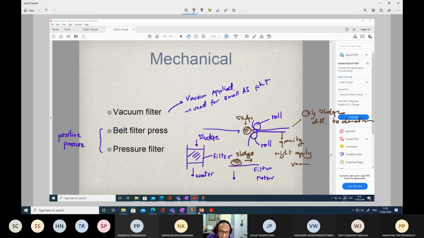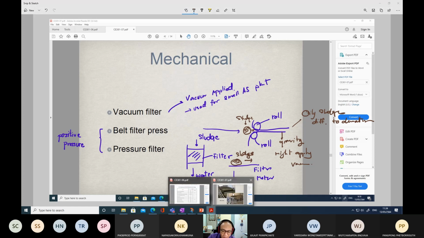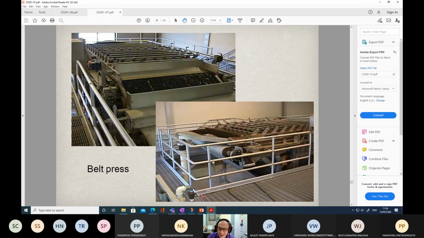Here is a cloth, and inside it is equipped with a roller. So water is squeezed and falls down to the bottom. Only the sludge remains, so the sludge at the end becomes like a cake.